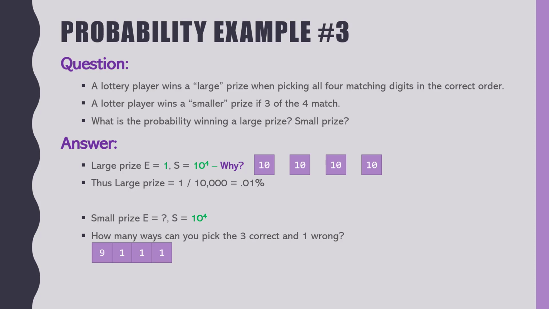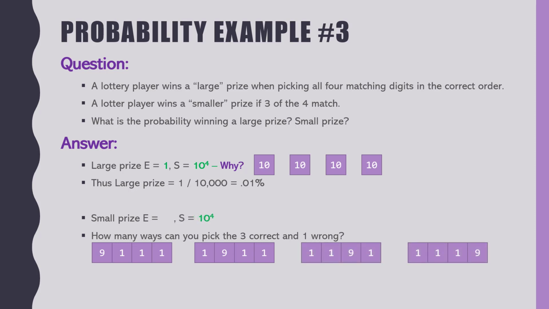But does everybody understand why this first example here, we're not done calculating yet, but this is one scenario where I got 1 digit incorrect and I got 3 correct, right? So that's 9. Plus, I could get this pattern where the first one is correct, but the second one's wrong, and there are 9 ways to be wrong, right? It's everything but the number they picked. And then 3 and 4 are correct, and then of course there's this and this, right?